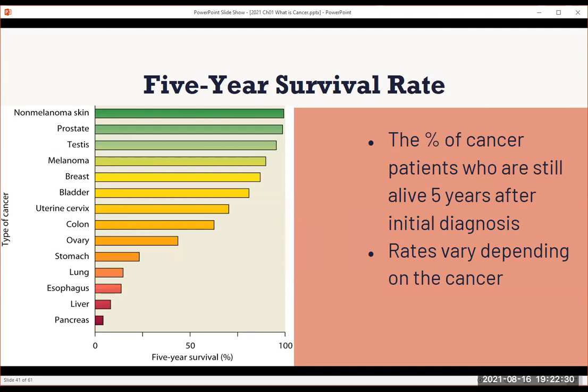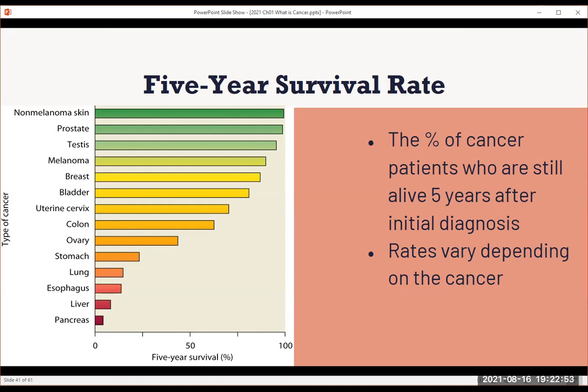It could be 5 years or 10-year survival rates, but a lot of times we're talking about 5-year survival rates. Even if a patient was alive at 5 years and died in the 6th year, they would still be counted in this statistic.